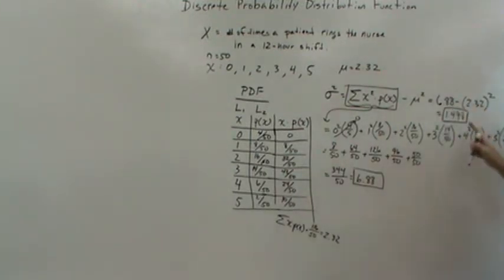Okay? Now, how do we get the standard deviation? All we're going to do is take the square root of that. Okay, so if we take the square root, we get 1.22.